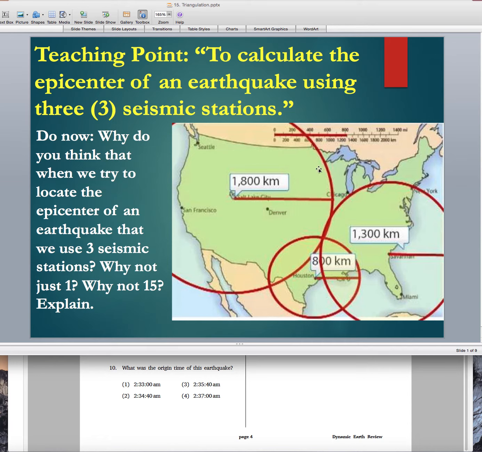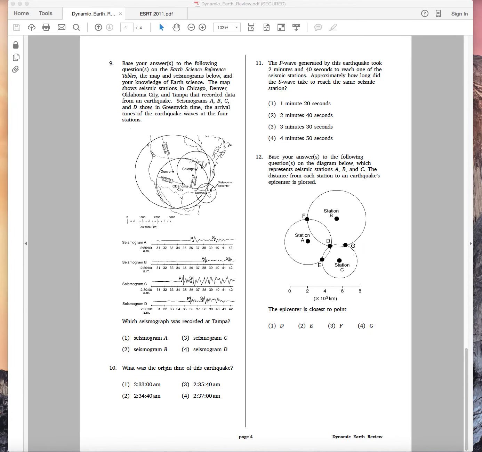So here we have 1 circle with an infinite number of locations. We have a second circle, which would intersect at 2 locations, right here and there. And your third station, let's say Houston, would pinpoint that exact location. So bringing back the other lesson that we had, the introduction to triangulation.